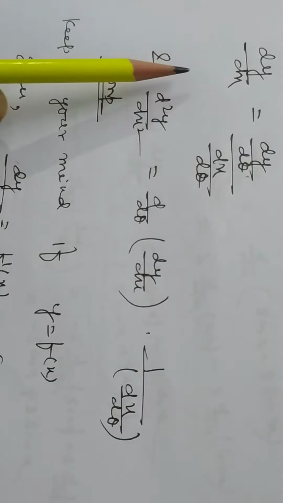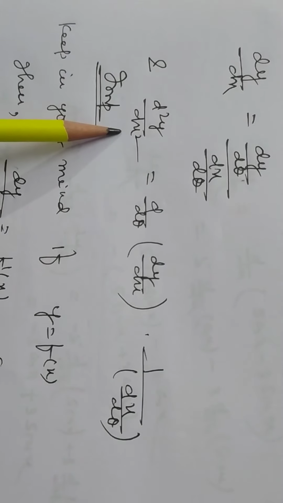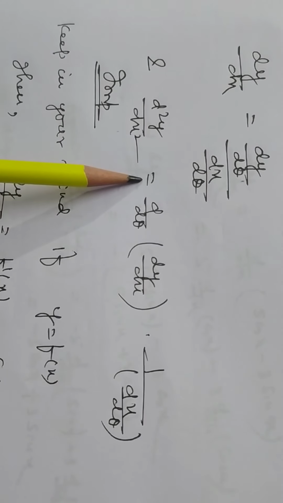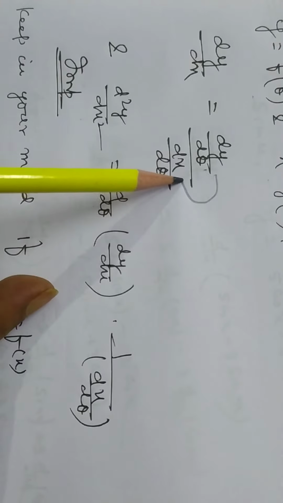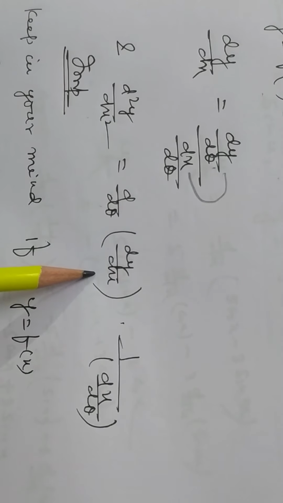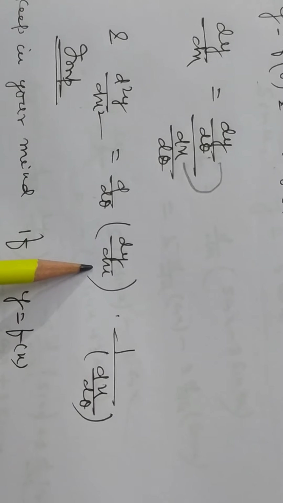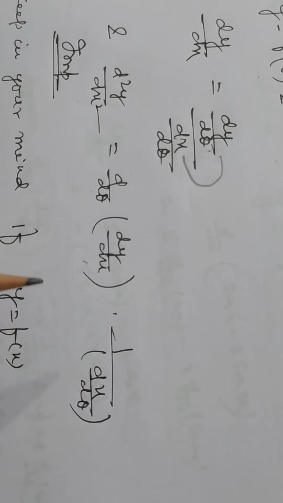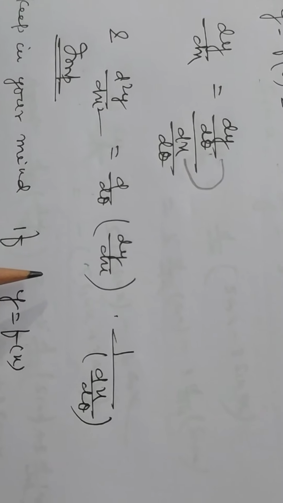Now, we want to differentiate again: d2y by dx square is equal to d by d theta of dy by dx, times 1 by dx by d theta.